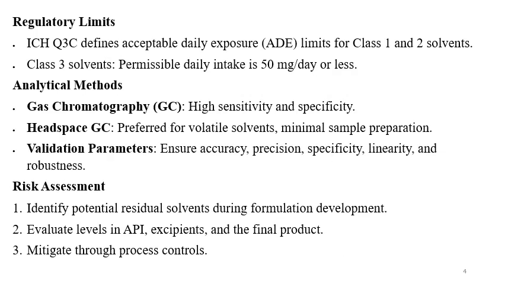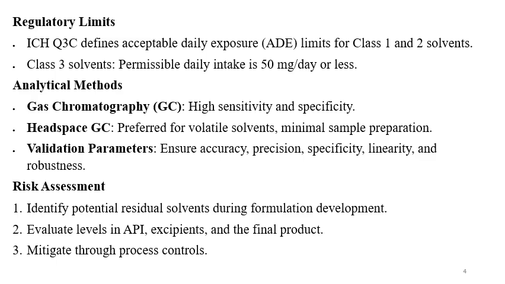Then regulatory limits. ICH Q3C provides the exposure limits for these solvents. Generally, Class 3 solvents have a permissible daily intake of 50 mg per day or less. So 50 mg becomes 5000 ppm per day. But always try to limit the solvent in the formulation.